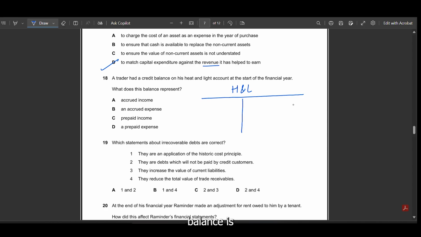So credit balance is nothing but balance brought down. So what does this mean? Whenever there is a credit balance, it represents a liability, a current liability. And when will it be a current liability? When it is an outstanding expense. So outstanding is nothing but accrued expense. So B is the right answer.